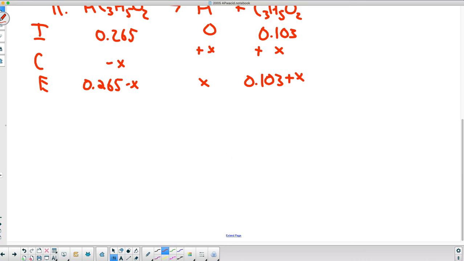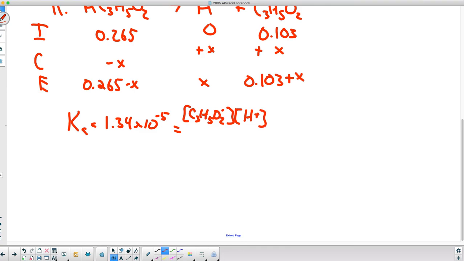You know that my Ka is 1.34 times 10 to the negative 5th, and you know what we can do then is get rid of, well, here, let's do this. This will be C3H5O2 minus, this is H plus, all of that over the acid. So I'm going to fill in the 0.103.